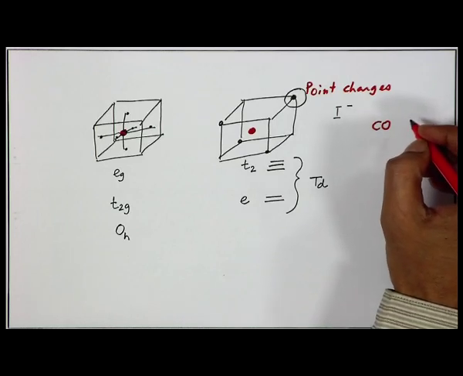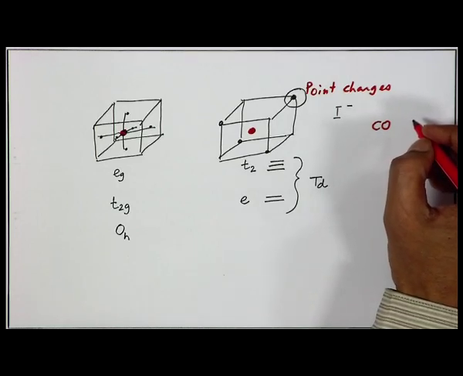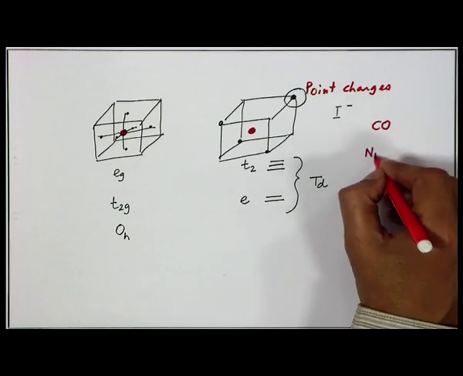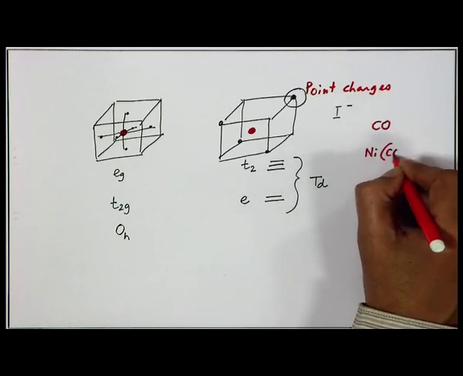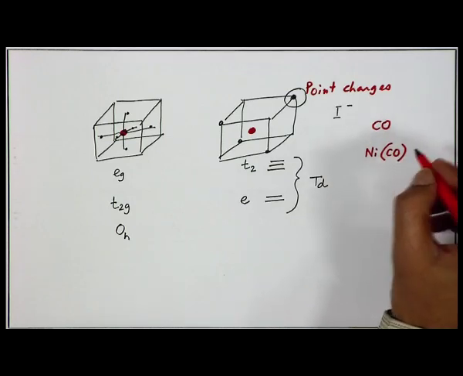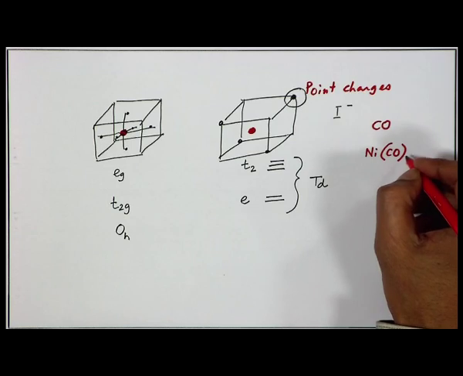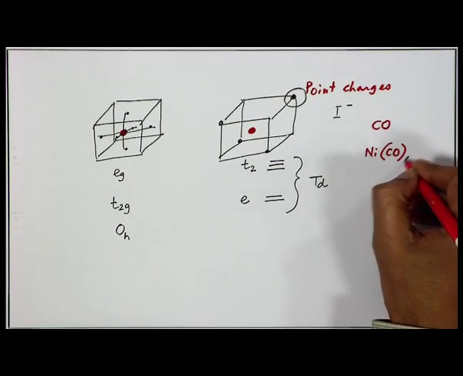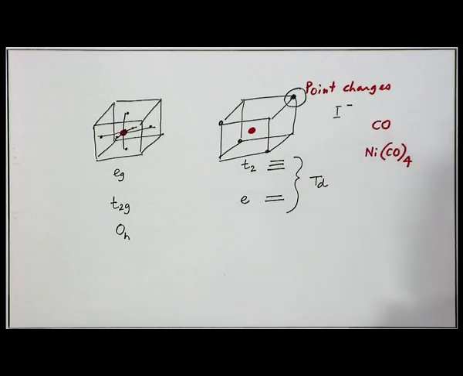Carbon monoxide is a well known ligand, and long back it was discovered that we can make some compound during the purification of nickel, the solid nickel in the atomic state, that means nickel 0. When the gas valve contains nickel and the gas cylinder contains carbon monoxide, it gets corroded due to the formation of tetracarbonyl nickel 0 compound.